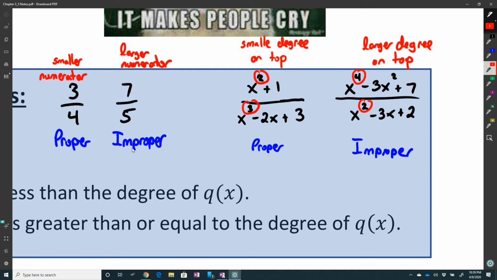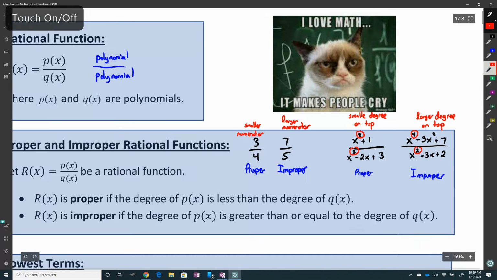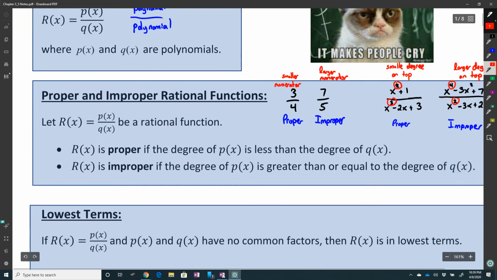So that's when we say we have a proper rational function versus an improper rational function. So anyway, that's all it's saying. Proper if the degree of the top is less than the degree of the bottom. Improper if the degree on the top is greater than the degree on the bottom.